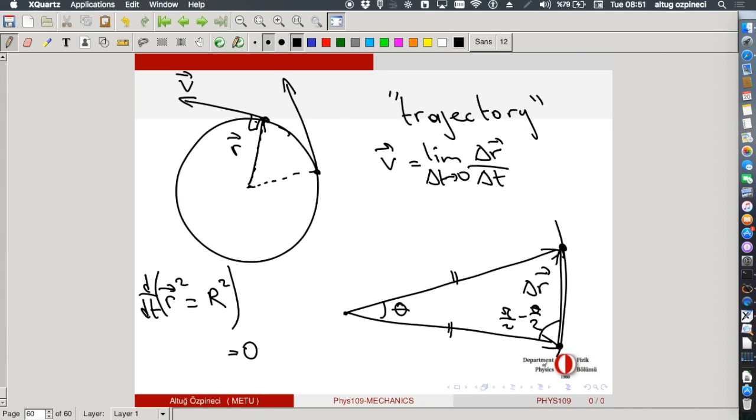It doesn't change during the motion, so its derivative is 0. Now the derivative of the left-hand side: if it was a one-dimensional motion, d by dt of x squared would have been 2x dx by dt. Just use the chain rule. You can use the chain rule for each one of the components of this r squared.